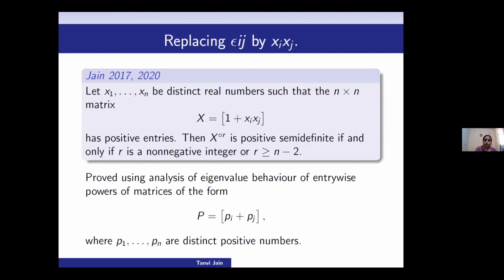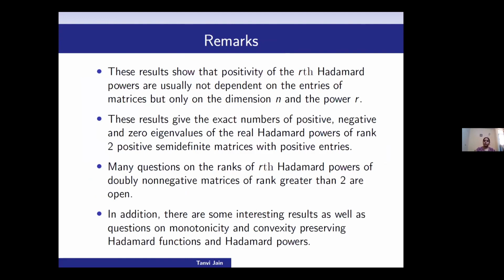In fact, the proof was quite indirect, but there we have a lot of interesting remarks, so I'll just conclude with certain remarks. Now these results, when we look at the proof, do not just talk about positivity, when it will be positive and when it will not.